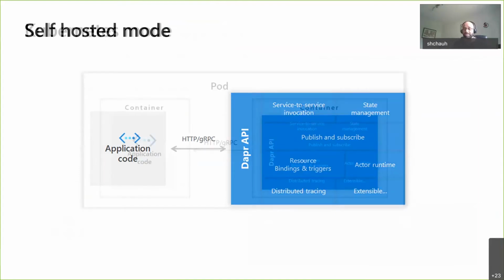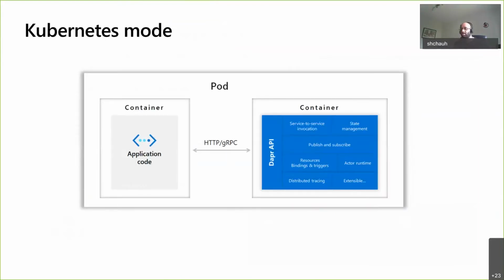The same service, when executed in an orchestrator like Kubernetes, runs as a sidecar container. In this pod, my application code is running in one container, and the Dapr sidecar is running as another container in the same pod.